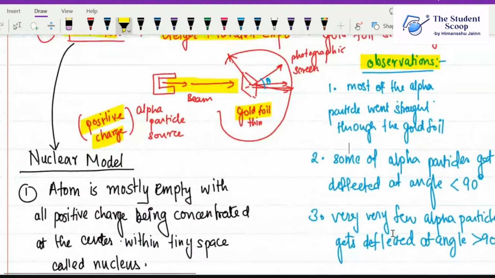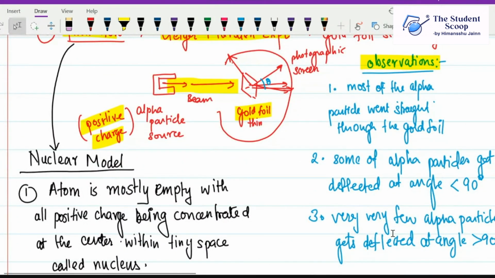Second, this was the observation: some of the alpha particles were deviated by angles less than 90 degrees, and extremely few alpha particles got deflected by angles greater than 90 degrees. Those observations suggested to Rutherford a model where the atom is mostly empty and all the positive charge is concentrated at the center within a tiny space called the nucleus.